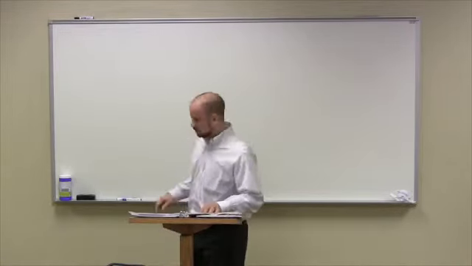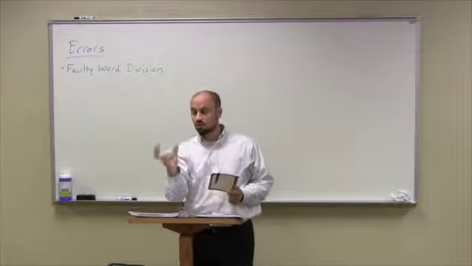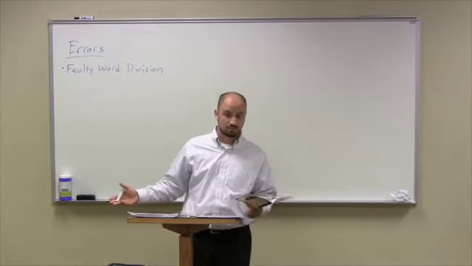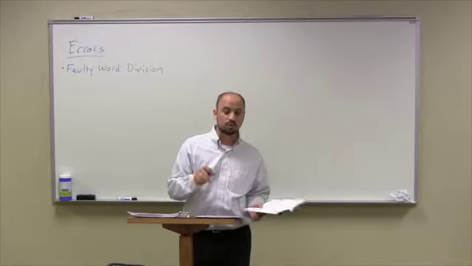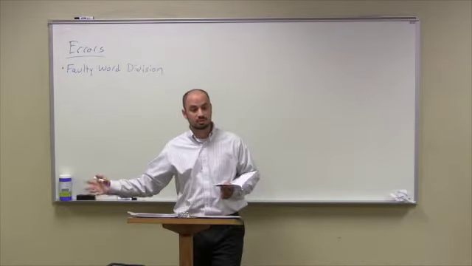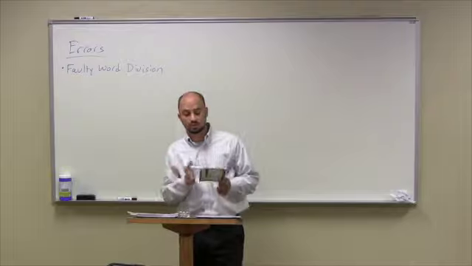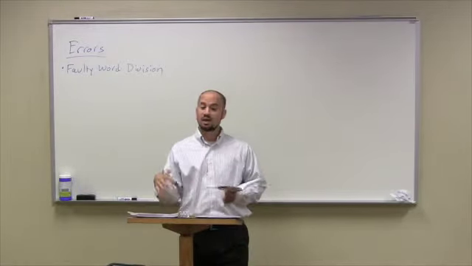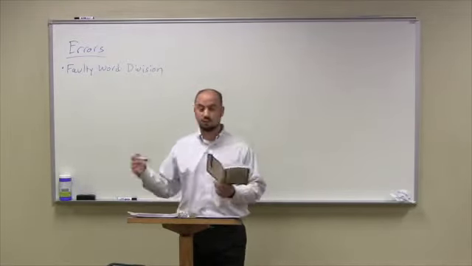Now, this one's tricky, right? Because in our uncial scripts, our early manuscripts, we're not going to have word divisions at all. So it shouldn't be an issue. But in our later manuscripts, the minuscules, as time goes on, they start to divide the words out. So they're starting to do some of the work for us. And sometimes they get it right, and sometimes they get it wrong.